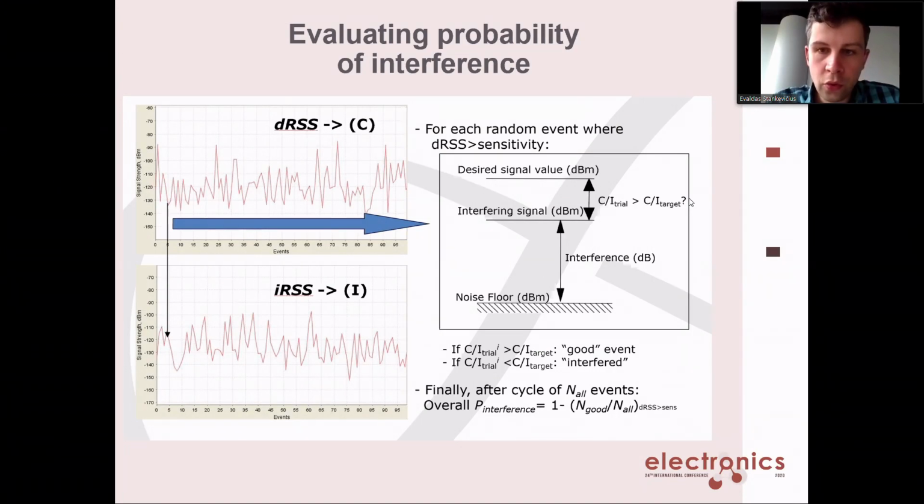In those two hypothetical networks, we always calculate the so-called DRSS, the desired received signal strength, which is like C, the carrier, the wanted signal, and the IRSS, the interference received signal strength. This is the interference from the interfering system in the neighboring country.